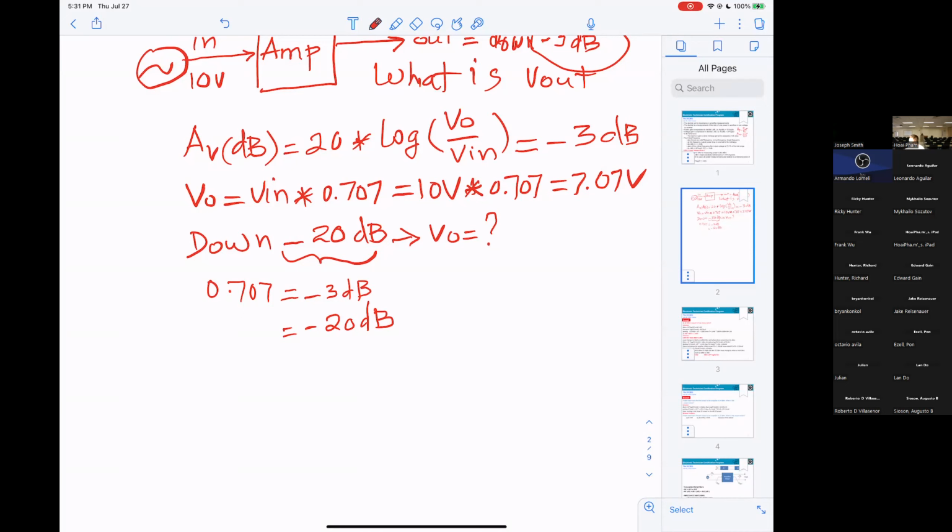That means V out will be equal to 1 volt.